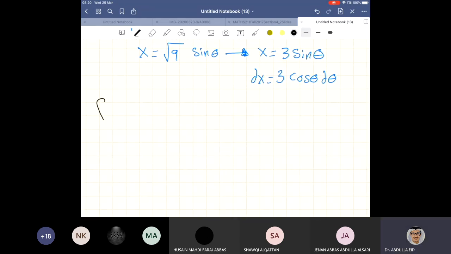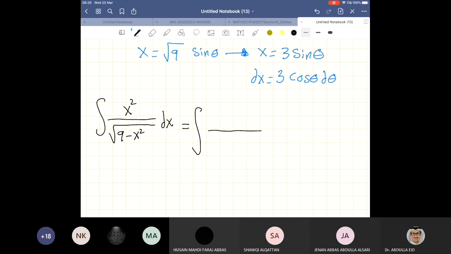So what do we have? We have the integral of x squared, square root of 9 minus x squared, dx, equal to: I have to take every x and write something else instead of x.